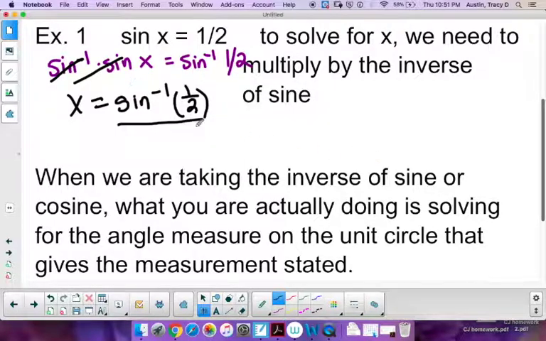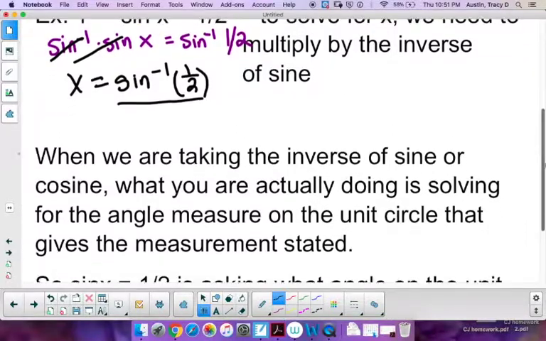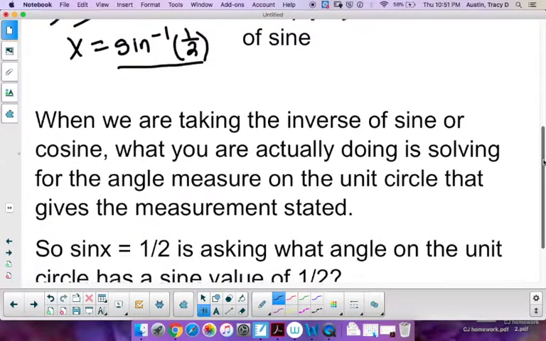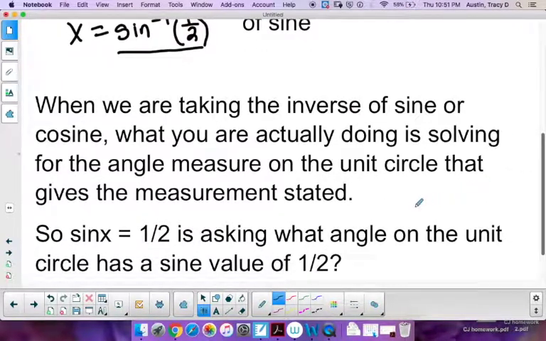So what is this actually asking? It is asking for the angle measure on the unit circle that has a sine value of 1/2.